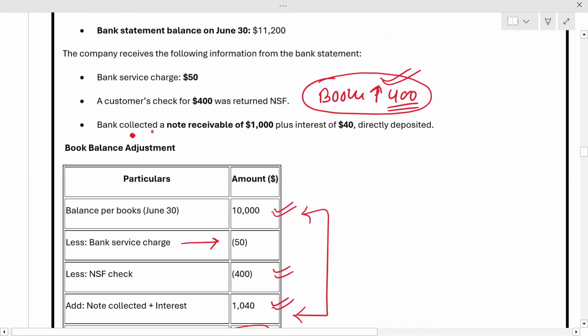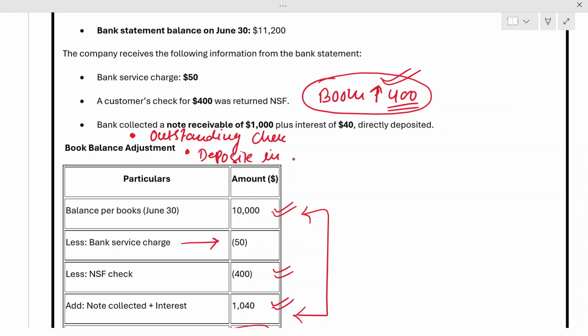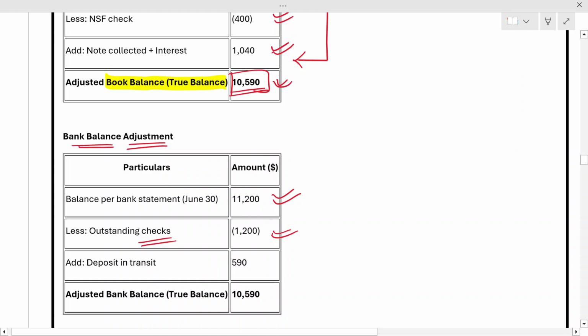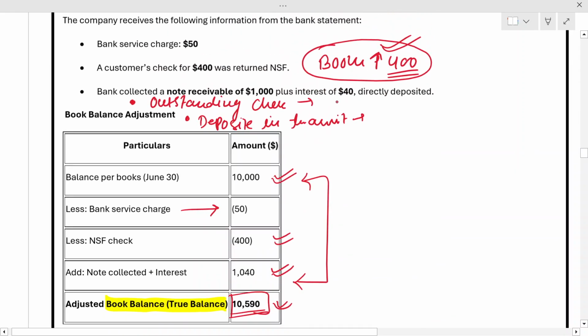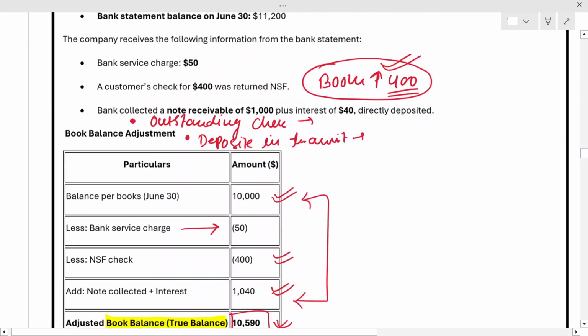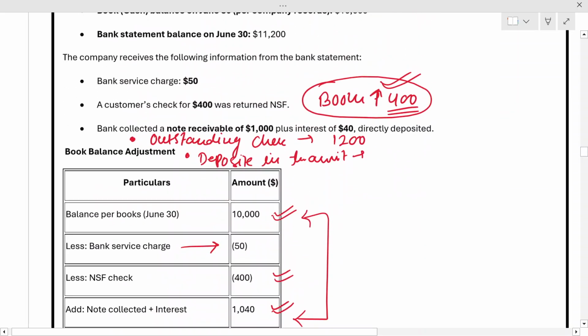So let me write outstanding check, and the next one was deposit in transit. Okay, so outstanding check was $1,200 and deposit in transit $590. So this was $1,200 and this was $590. Okay, so now let's try to understand these two items.